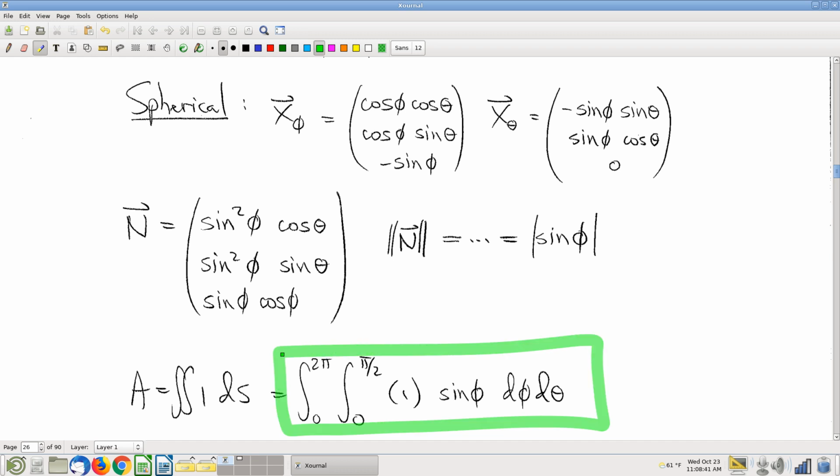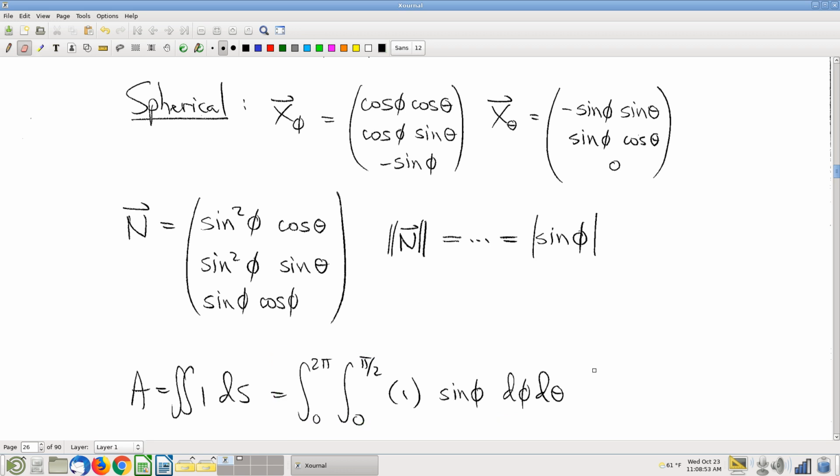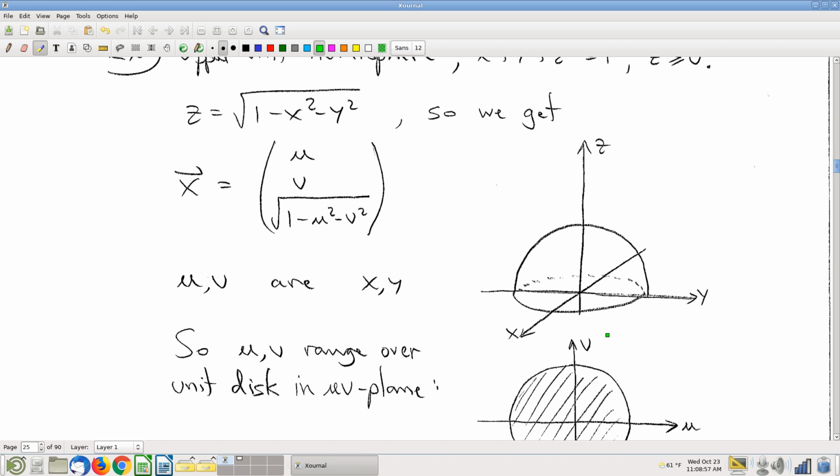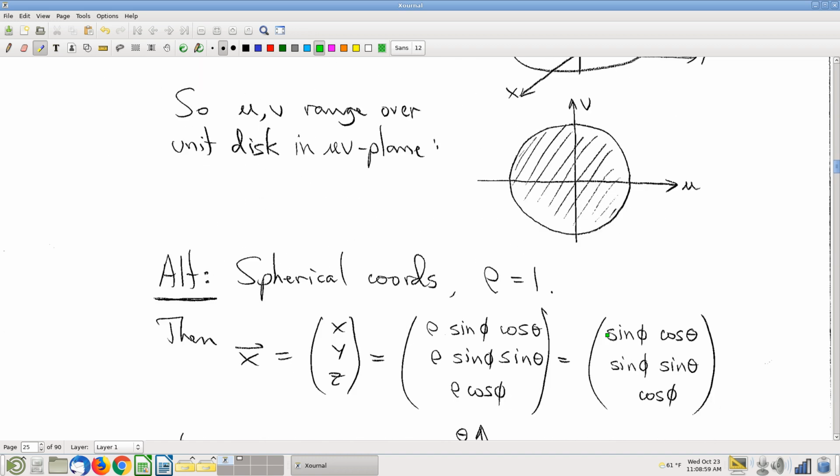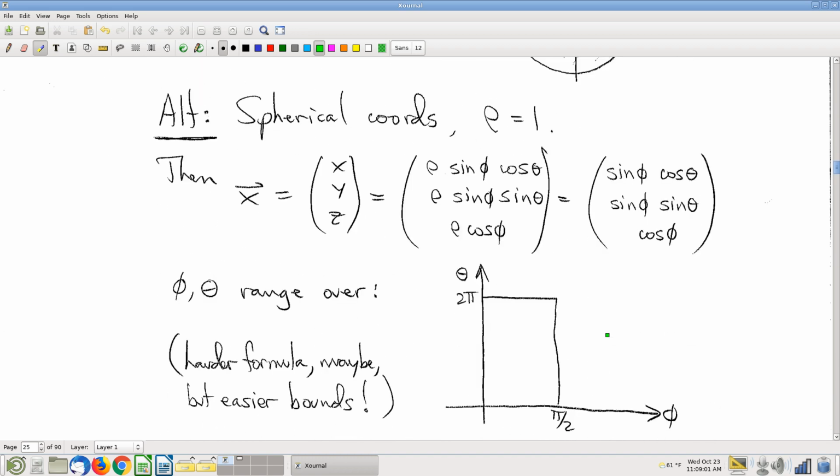The bounds are constant. There's no square roots in the bounds. The integrand, okay, it's trig, but it's easy trig, right? It's really nice. So anyway, I'm trying to make a sales pitch here. Don't just look at your options between rectangular coordinates and spherical coordinates, and say, oh, well, rectangular coordinates is easy, therefore I'm going to do rectangular coordinates.